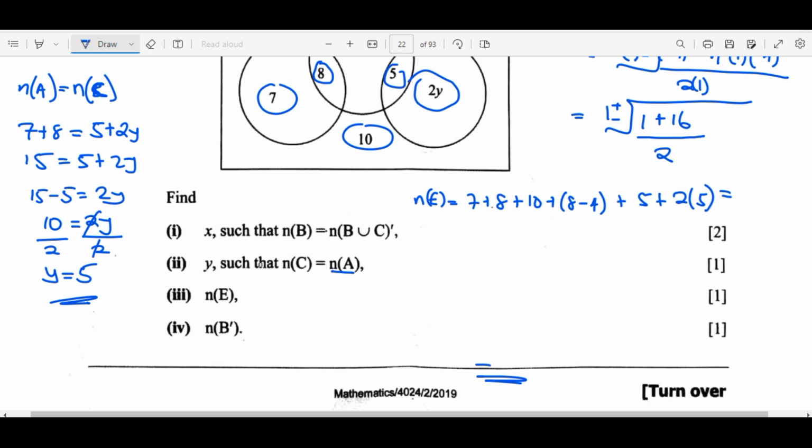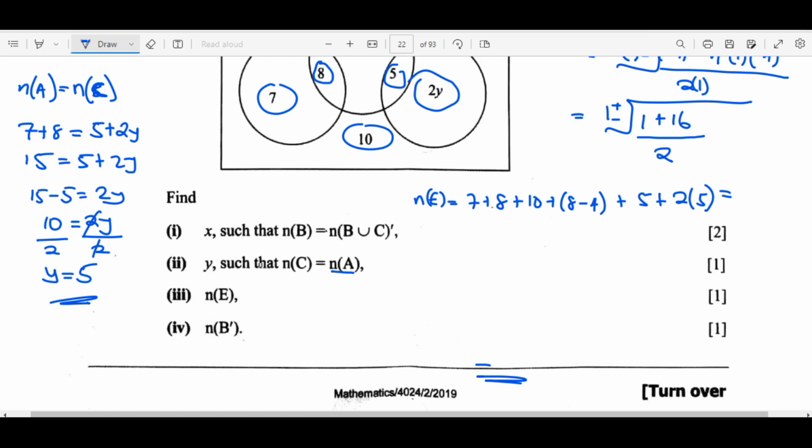We can punch everything in just to say 7 plus 8, and then plus 10, and then in bracket we would say 8 minus 4, close, and then plus 5, and then plus 2 open bracket 5, close.